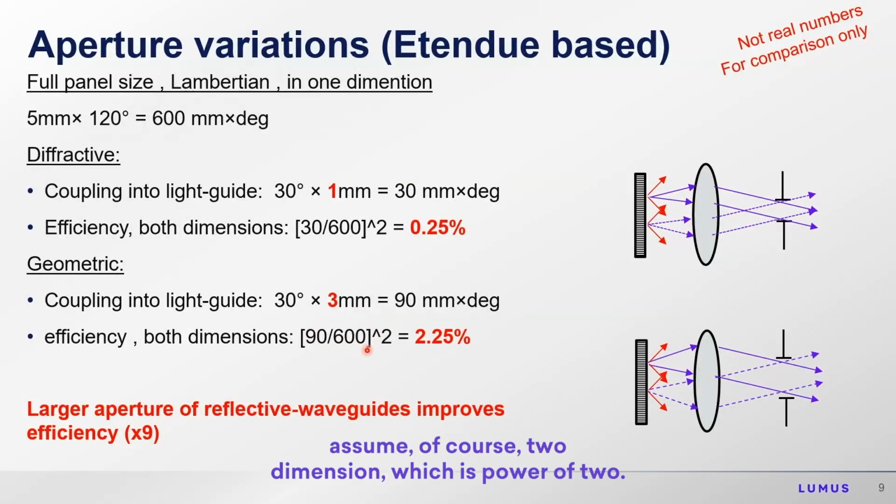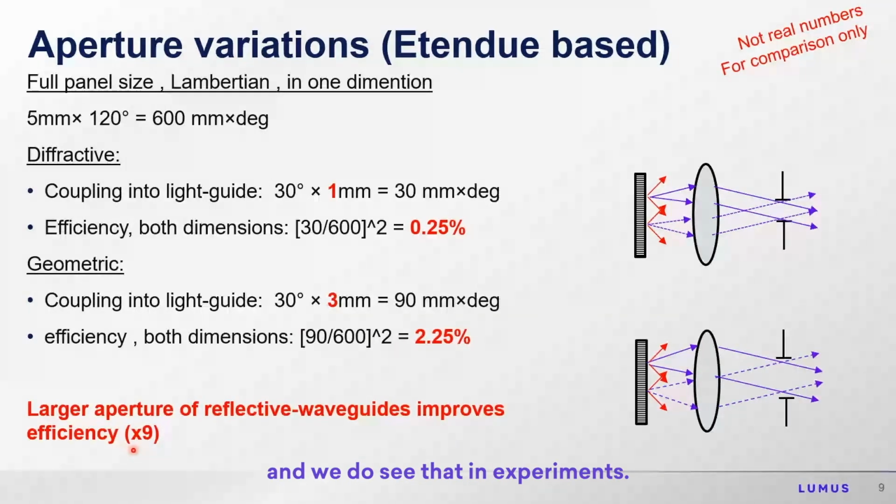Assume, of course, 2-dimension, which is power of 2. So all in all, it's a factor of 9 better. And we do see that in experiments. We do it in the systems. Geometric versus diffractive does show an order of factor of 9 improvement in coupling efficiency.